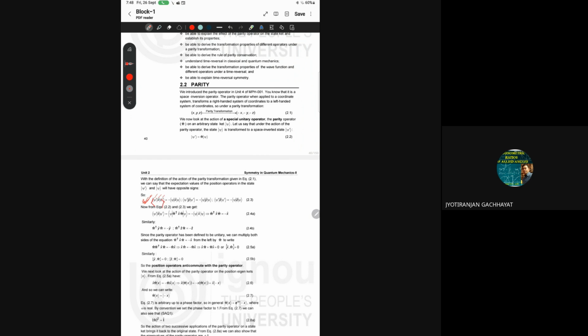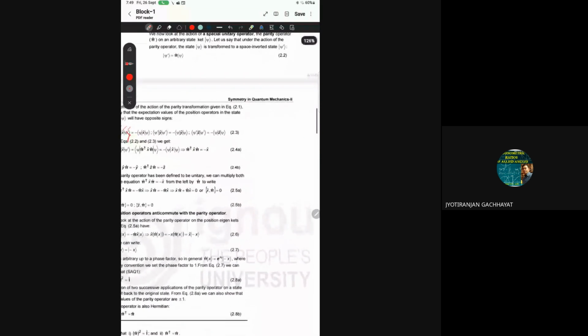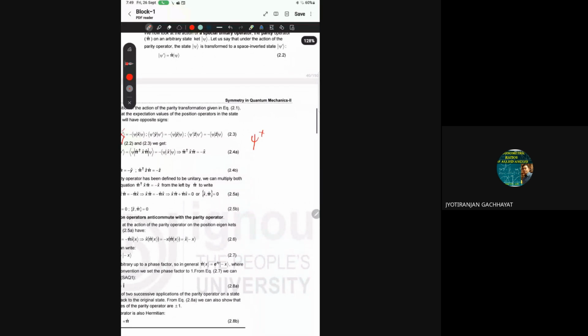Expectation value basically, if you go to your wave mechanics, is like psi star x psi dqx integration, right? This is what you have done in BSc, isn't it?